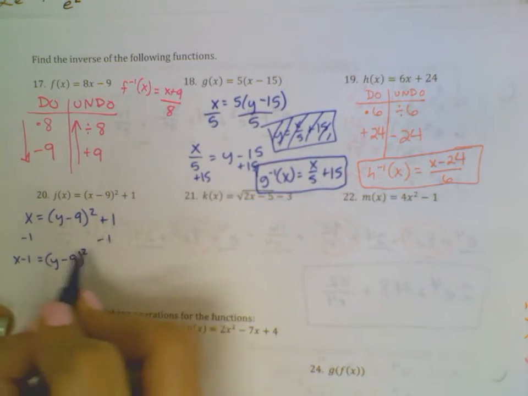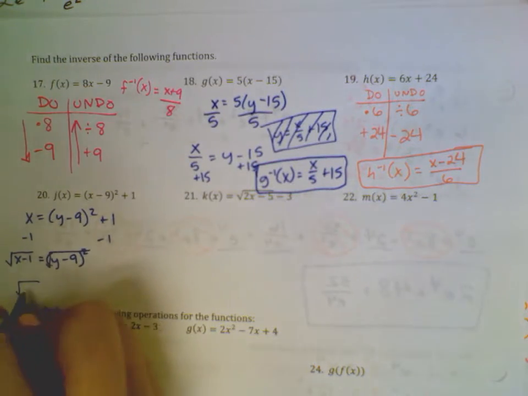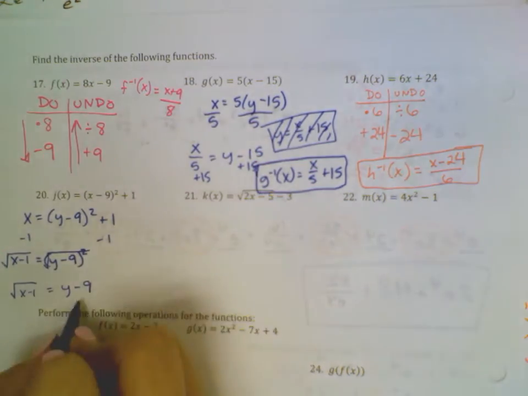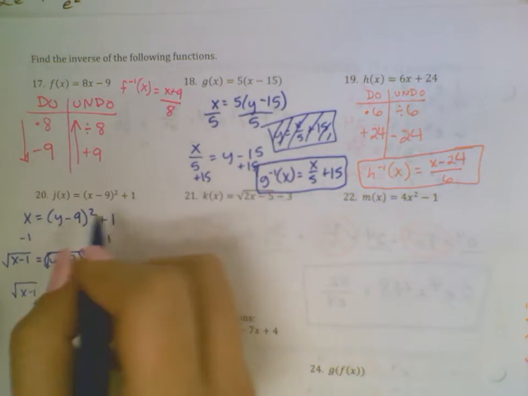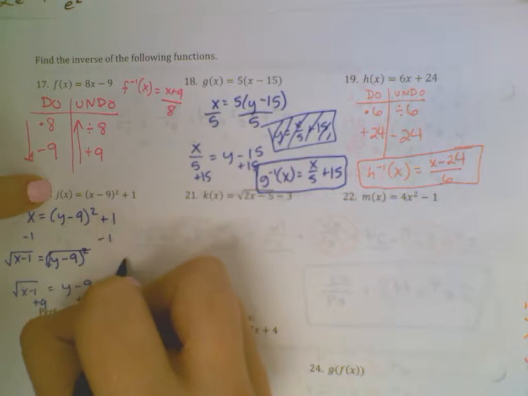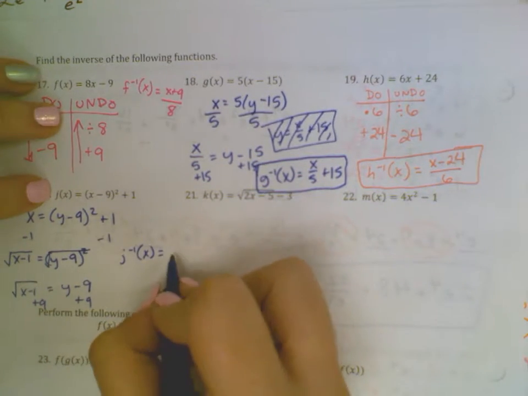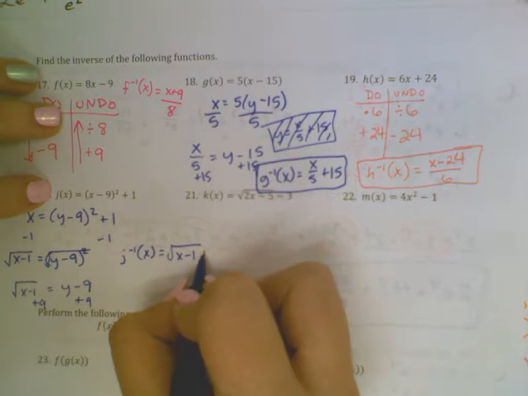In order to get rid of that squared, I'll need to take the square root of both sides. So the square root of x minus 1 equals y minus 9. Then I will add 9 to both sides. So I need to make sure I do the inverse. So that will be equal to the square root of x minus 1 plus 9.